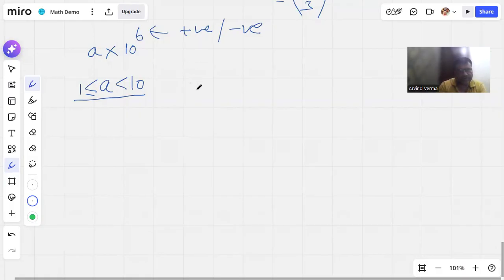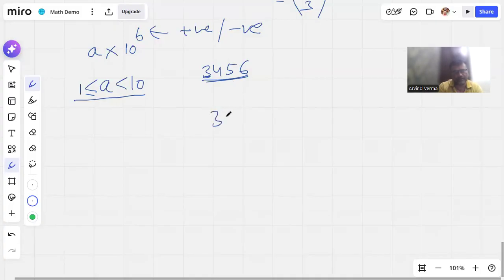Let's have some examples. Let's take 3456. It is in usual form. This is known as usual form, 3456, the way we are seeing the numbers. Now, just ignore 3 and count how many numbers after 3. 1, 2, 3. 3 numbers. So 3 zeros.